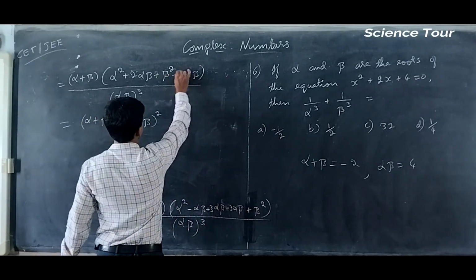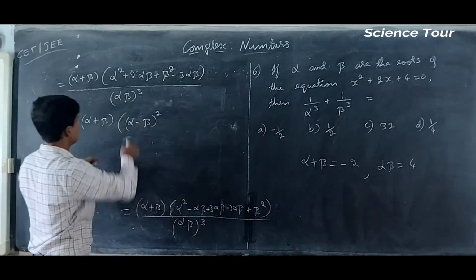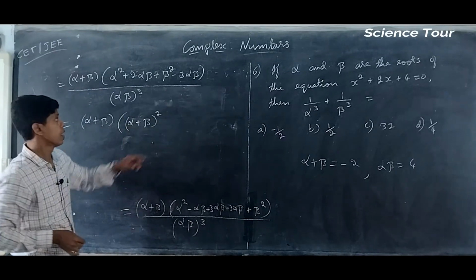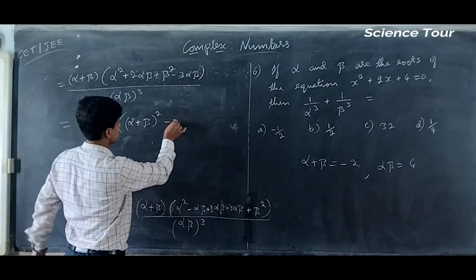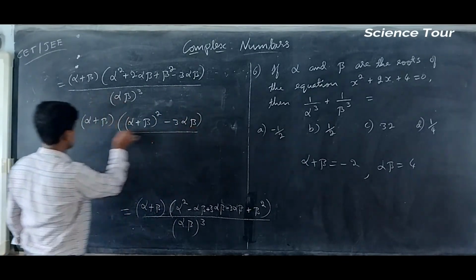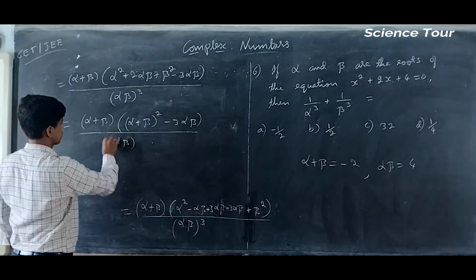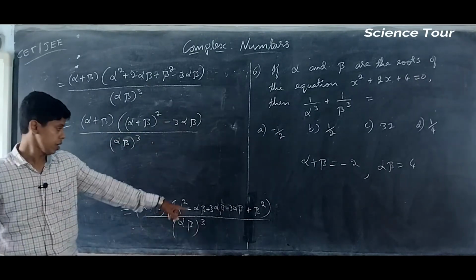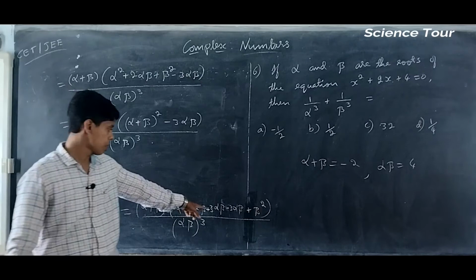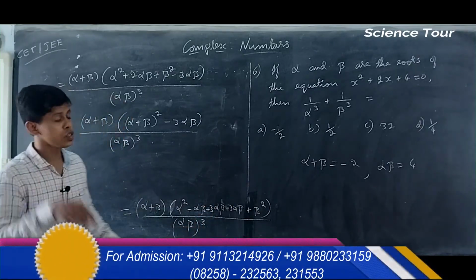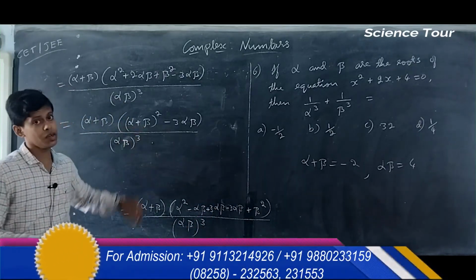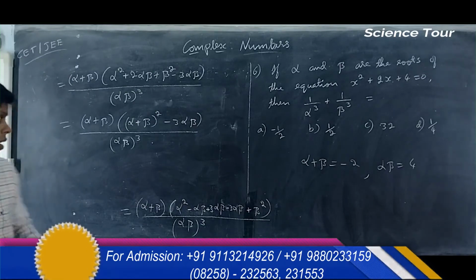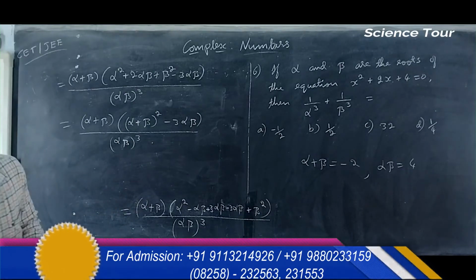Now this is alpha plus beta square and this is minus 3 alpha beta. Now this works. So I'm sorry, make this correction. You have to add 3 alpha beta because we do not know alpha minus beta, so we need to get alpha plus beta there. Now we know all the values, substitute, get the answer.